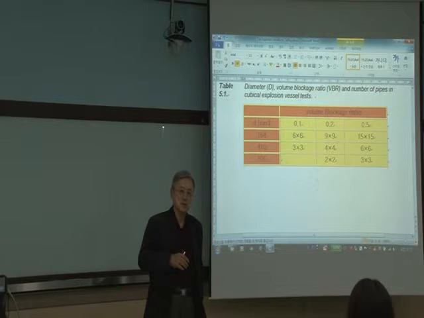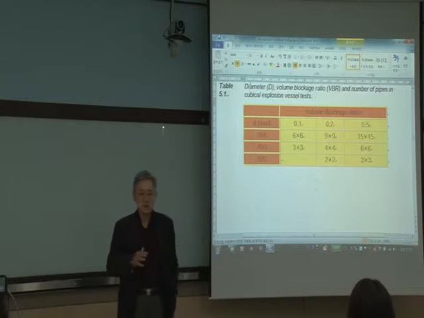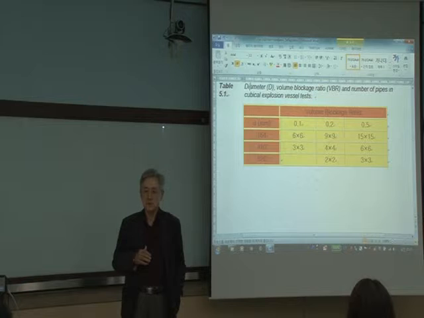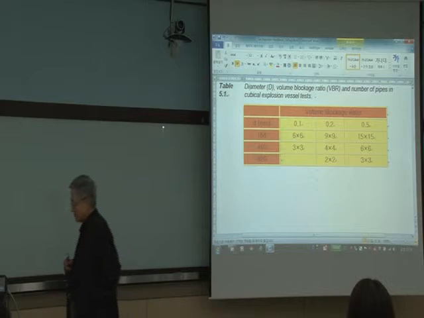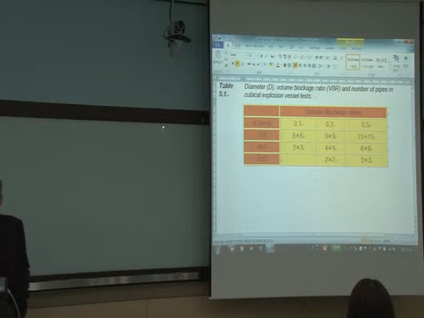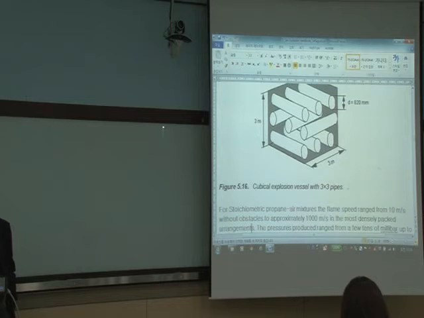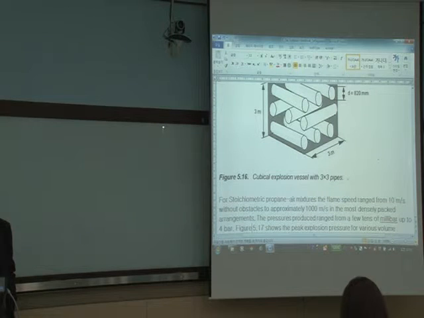They may charge, but you can get it. Charge is not the issue in Korea. In the old days it really mattered, but nowadays it's not a big issue. So that's the case, okay? This is a cubical vessel. This is for 3 by 3 by 3.